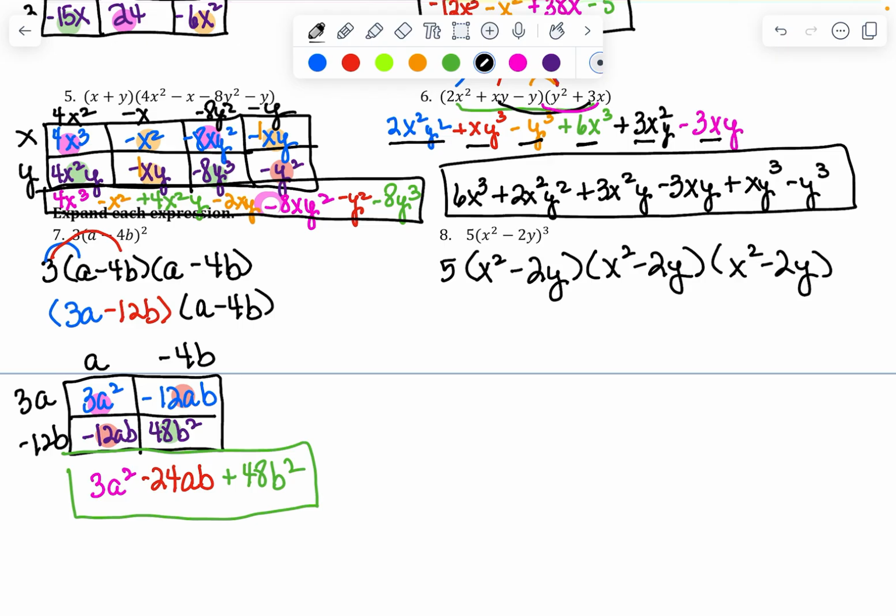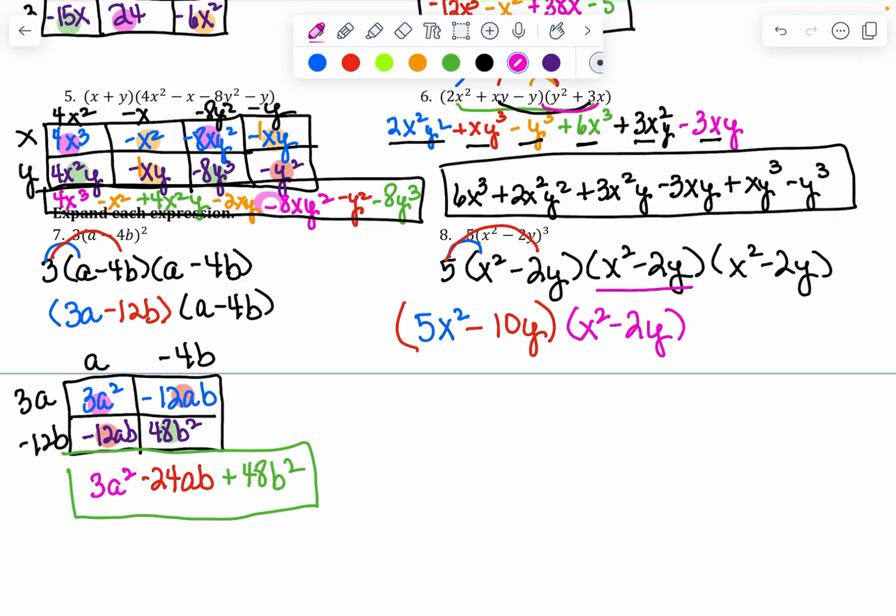So what I'm going to do first is I am going to multiply this and get 5x squared minus 10y. Ooh, that's awful. And then I think I am going to bring down one of these. So I'm going to bring down this one. So x squared minus 2y.